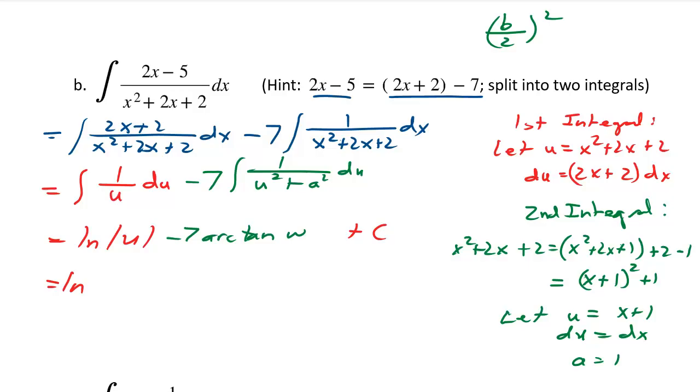But since I just color-coded them and did them separately, you could also say one is u sub 1 and u sub 2. You could have done it like that as well. Whatever you can do to keep track of the two different u's. So my u in the first integral was the x squared plus 2x plus 2.